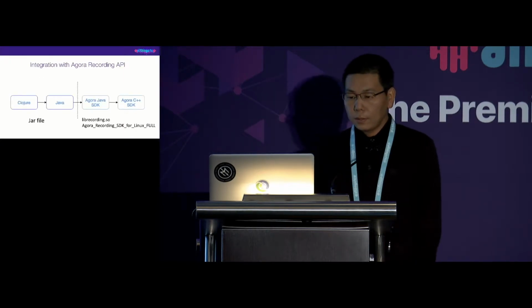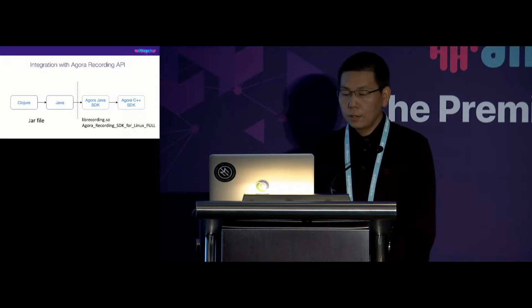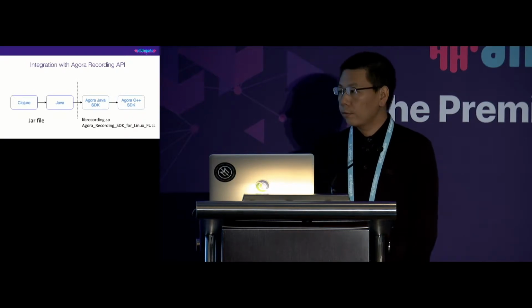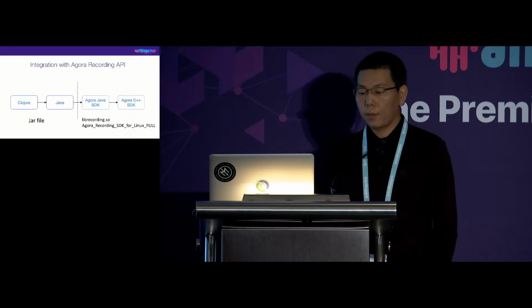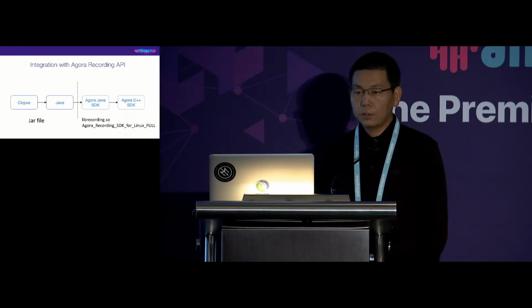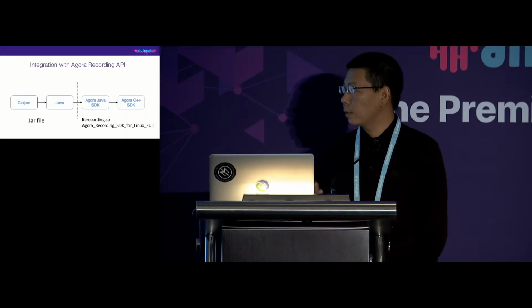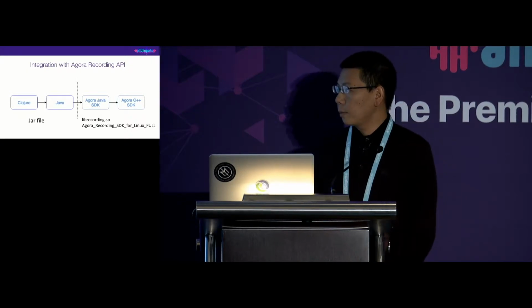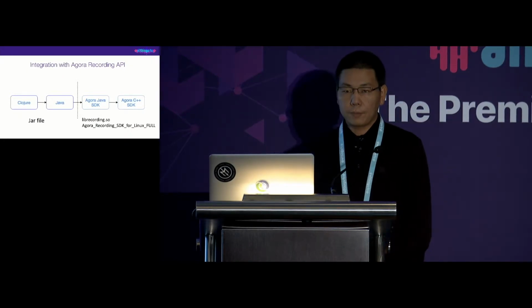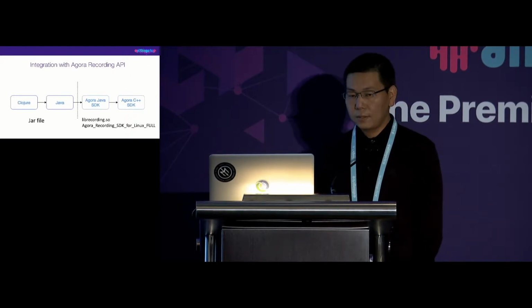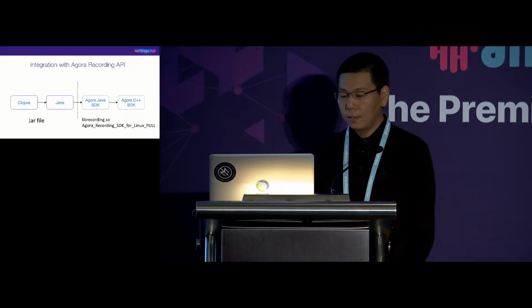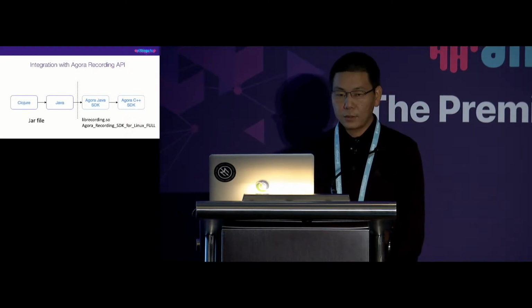So back to the application, since Agora is taking care of the streaming, we only need to handle the recording part. To integrate the recording with Agora, because we are using Clojure as a backend programming language, and Agora doesn't provide that kind of API, we wrap the Agora Java SDK as a Clojure library.